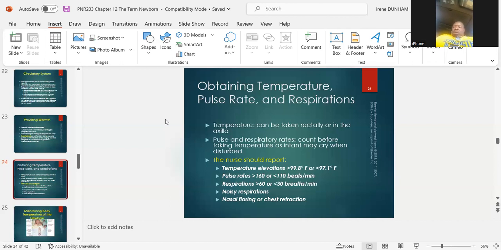Then respirations greater than 60, baby's in trouble. Baby's not being able to breathe. Lower than 30, that's really bad, he may be limp, he may have no reflexes whatsoever. His respirations are less than 30. And then if you hear grunting, it's like a real noisy respiration, and you can feel that pulling in the throat.